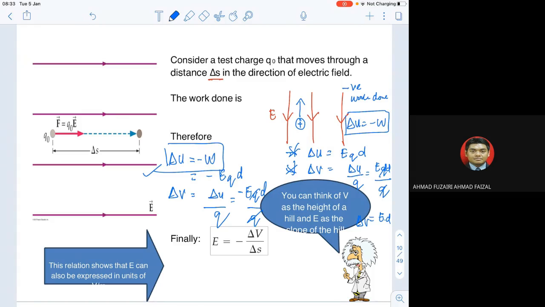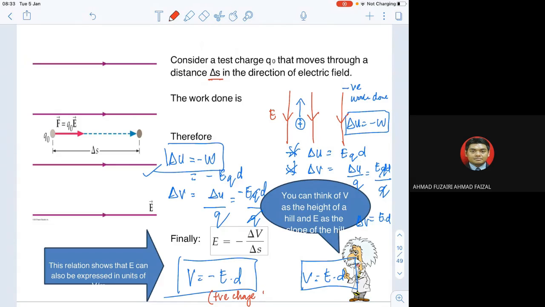So on this part, we have V equals negative ED, and we also have V equals ED. This one is for the positive charge following E, and this one is against E. You should differentiate between both cases. This is for positive charge only.